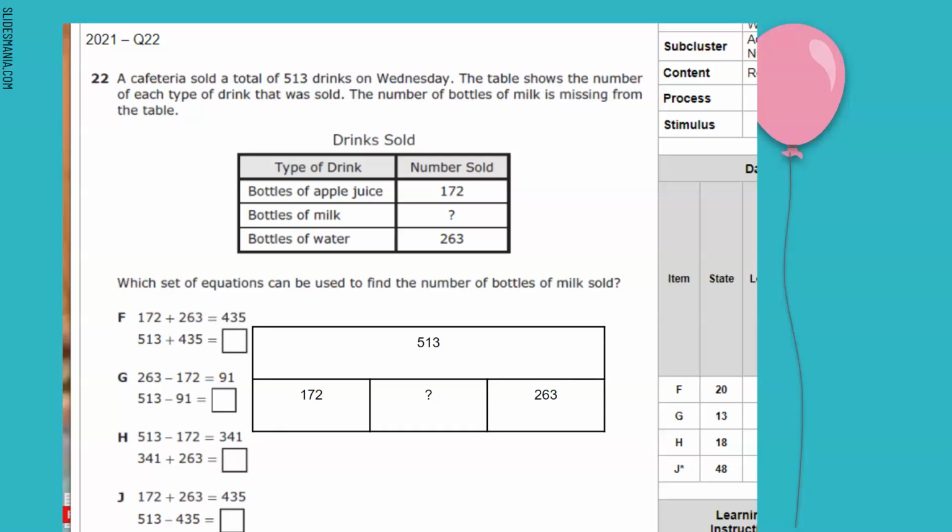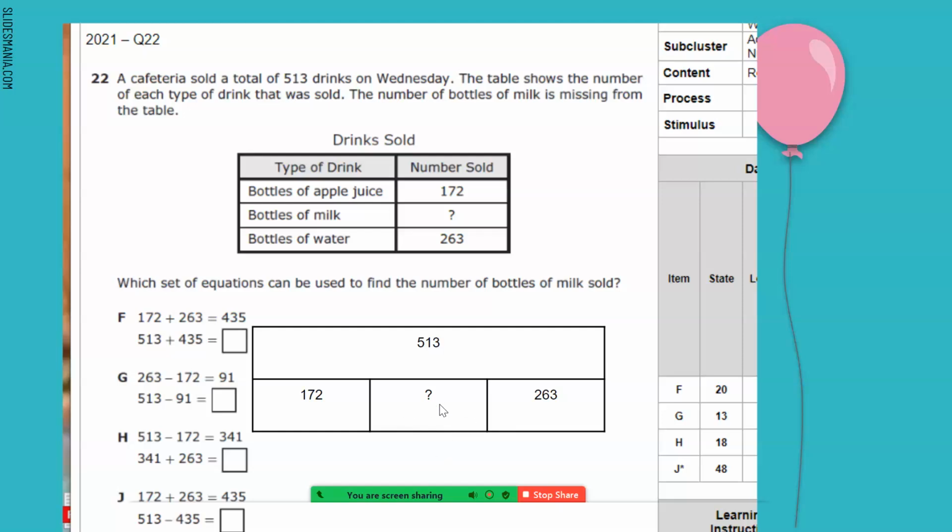This is obviously a two-step, right? So I would have my 513 drinks on Wednesday. That's my total number of drinks. And so I would have that at the top all the way across. Then my bottles of apple juice, you'll notice I have the 172 here. And then my bottles of water, my 263 I have here, but I have a missing part.